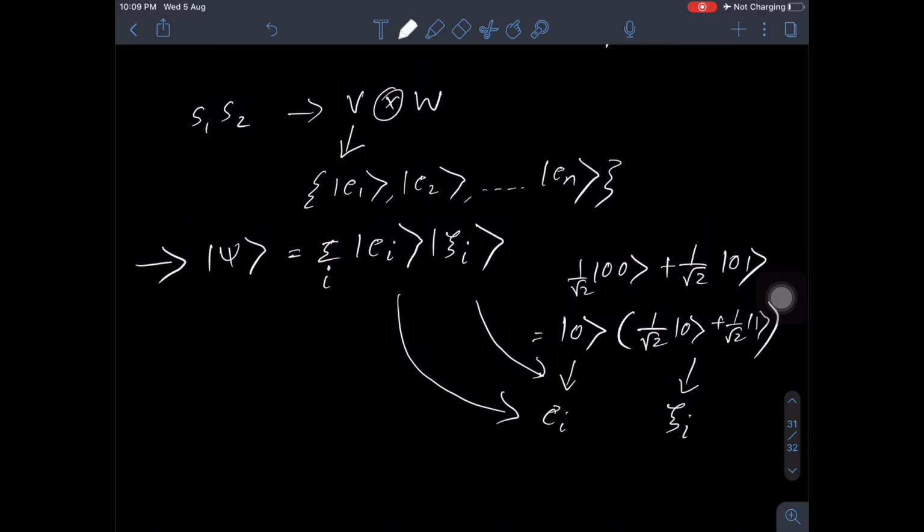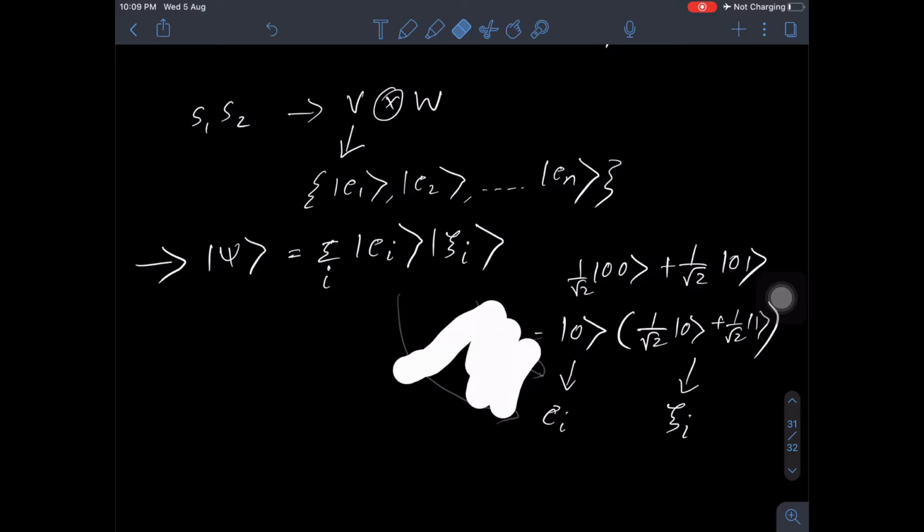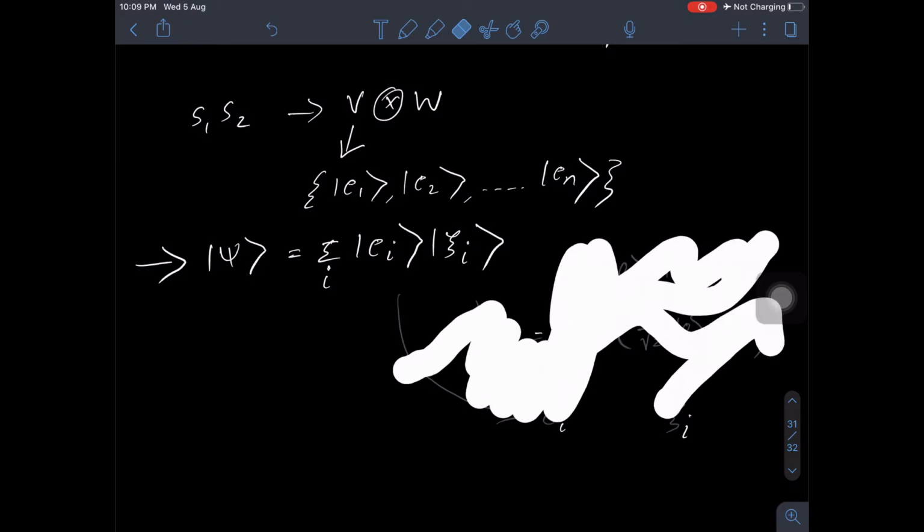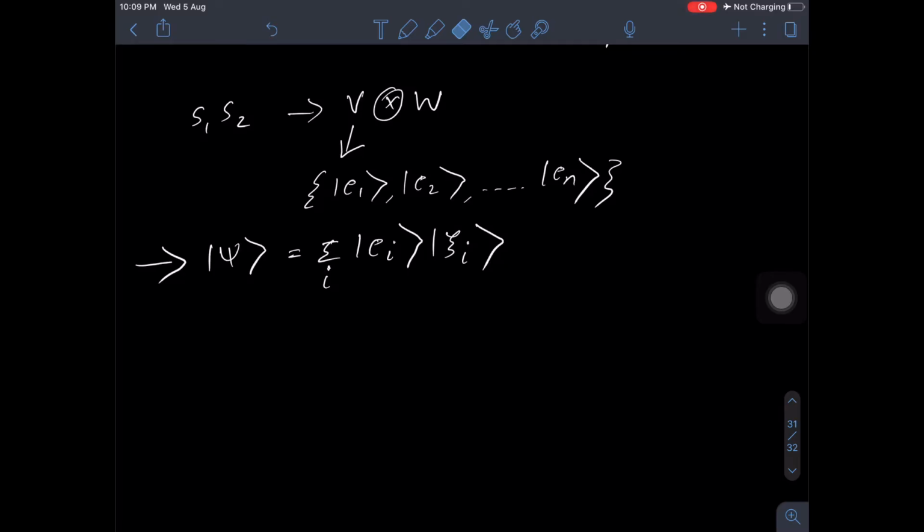Okay. And now I can also think of it like, so what is my xi I? I can also think of it as something like this: sum over ij, aij, and this is ei, and this is fj, where fj's are the basis of this W space.